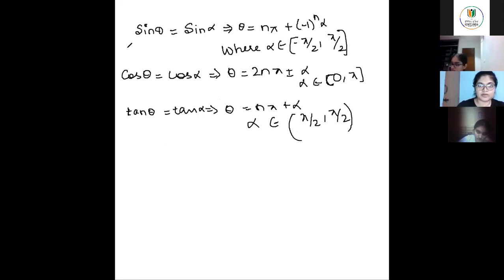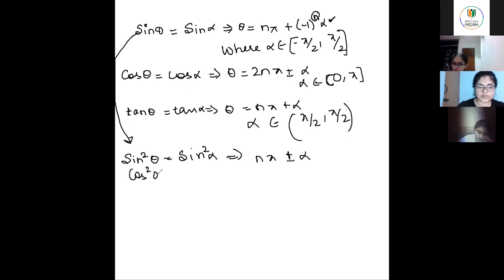Now what if there are squares? Suppose sine square theta is equal to sine square alpha. Then theta will be n pi plus minus alpha. So it remains the same, but it is no longer depending upon n.